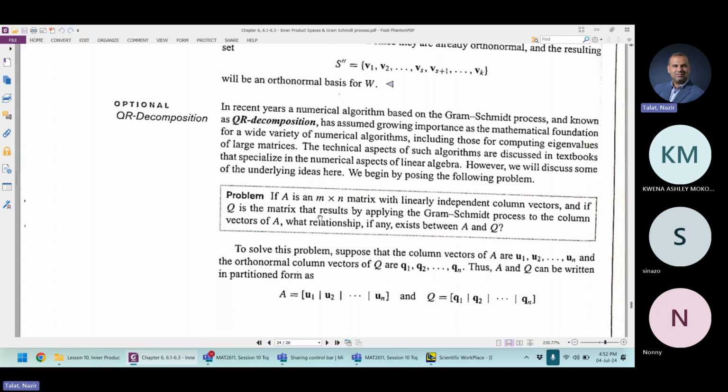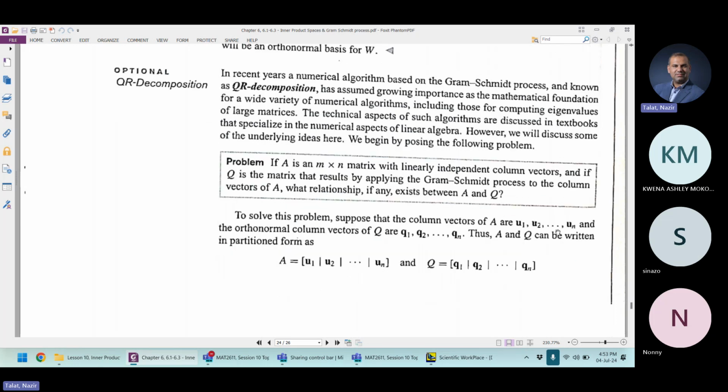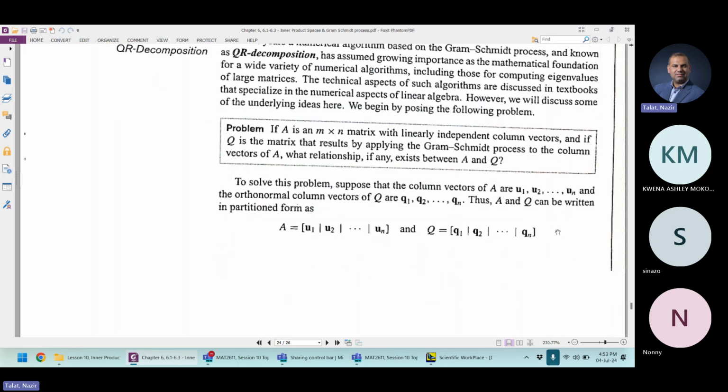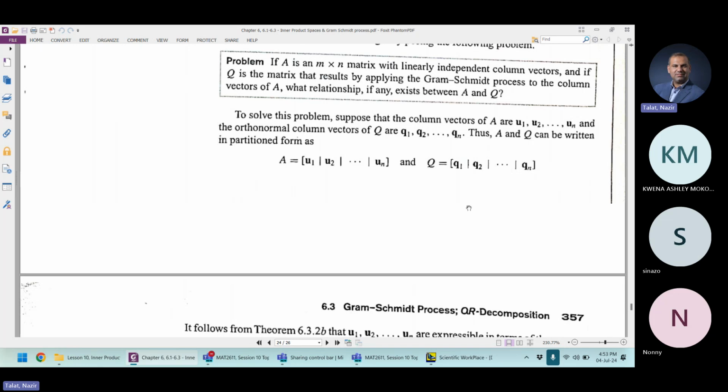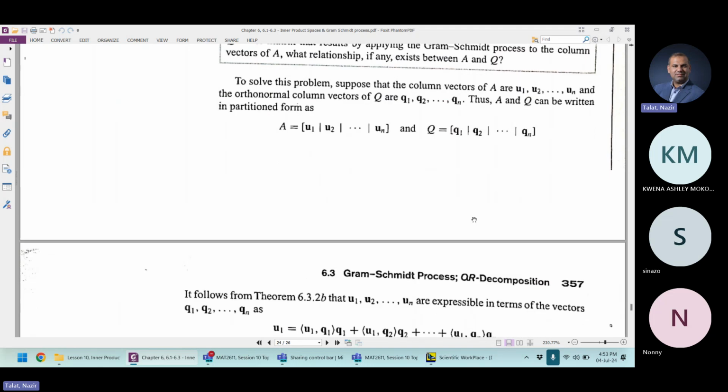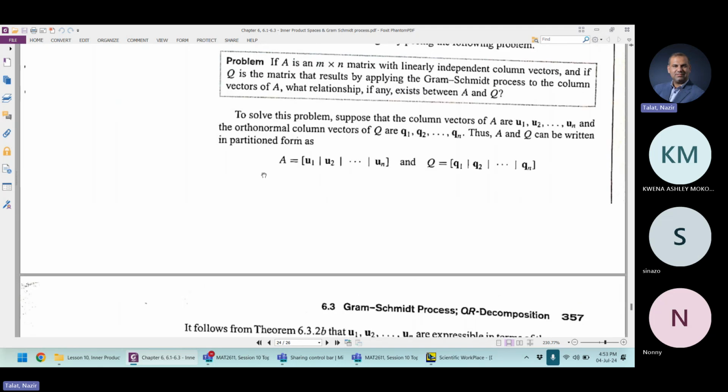So it will be given in Q, and then the other matrix R we can get. So it means between matrix A and Q there is a relation we can obtain, and that is called the QR decomposition. It means that if we have a matrix A, then that matrix we can write as a QR decomposition, where A is the matrix taking Q1, U1, U2 up to UN as its columns.